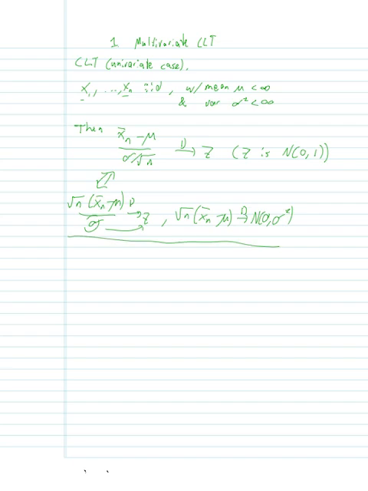Okay, so let's talk about the multivariate CLT. Now we have x1, x2 to xn, right? Except each xi is, instead of a random variable, a random vector. What do I mean by that? Each xi is going to be a vector, a collection of random variables.